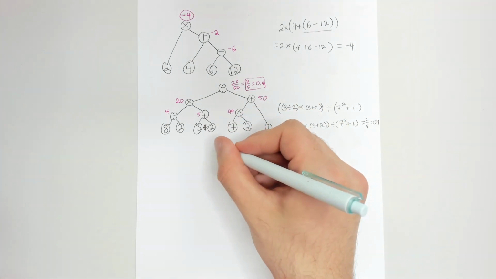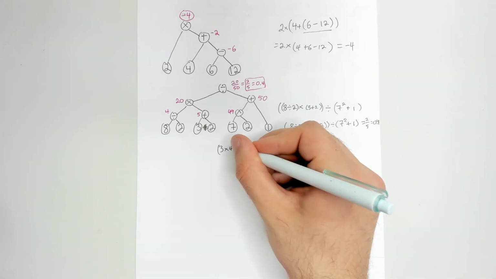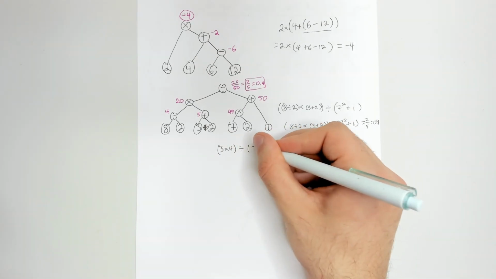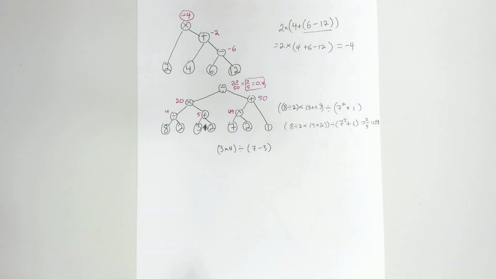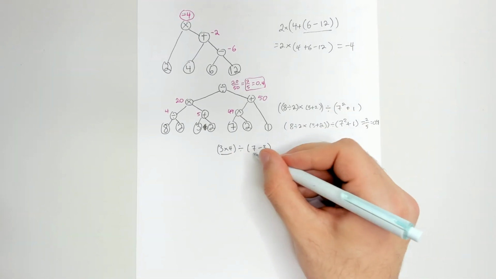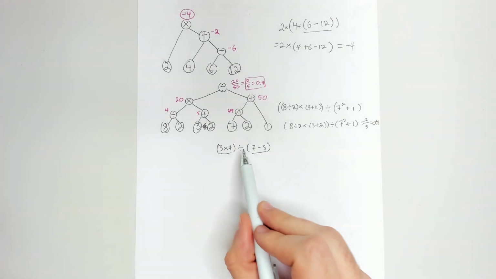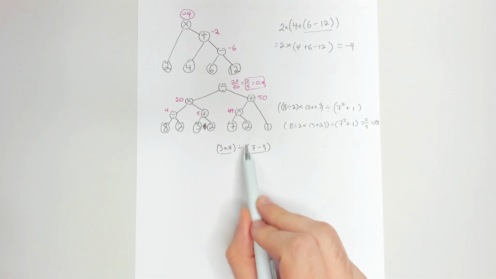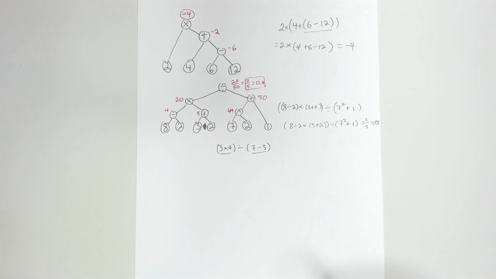So, for example, when I had an expression like 3 times 4 divided by 7 minus 3, even though multiplication comes before subtraction, we're able to evaluate this 3 times 4 and the 7 minus 3 at the same time because they're not interacting with each other, and they're going to be evaluated before we do this division, which will make them interact with each other after. So we can evaluate these at the same time.